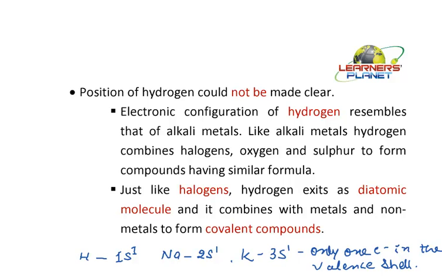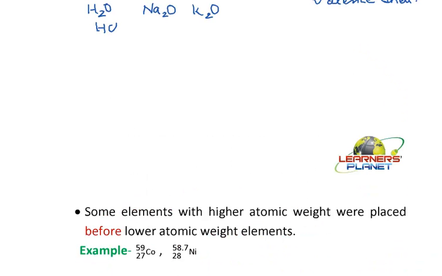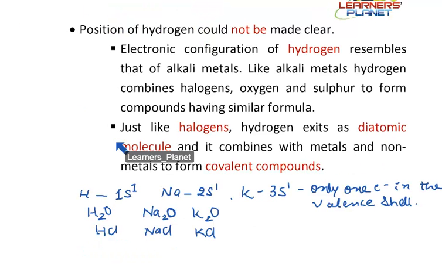So they form similar types of compounds, like with oxygen, hydrogen forms H2O. Sodium forms Na2O. Potassium forms K2O. Likewise, hydrogen forms HCl. Sodium forms NaCl. Potassium forms KCl. So it is forming compounds with a similar molecular formula.